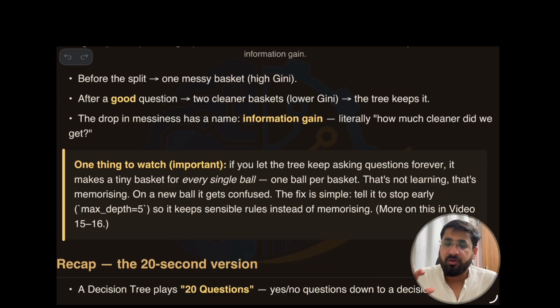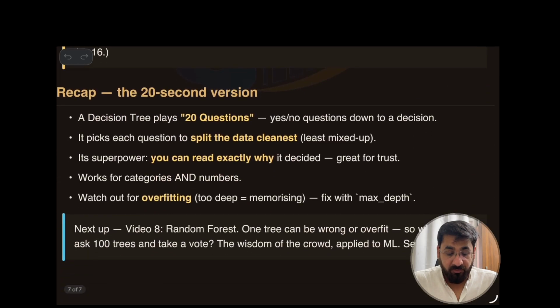We will discuss overfitting and underfitting in more depth in coming videos. And now, the topic we have discussed so far is the decision tree. What game does it play? The 20 questions game of yes and no. That's it.